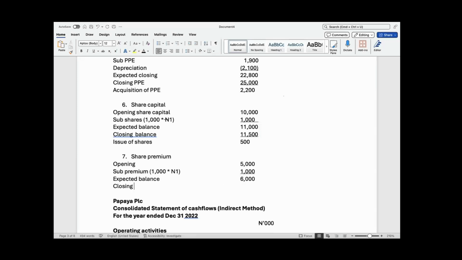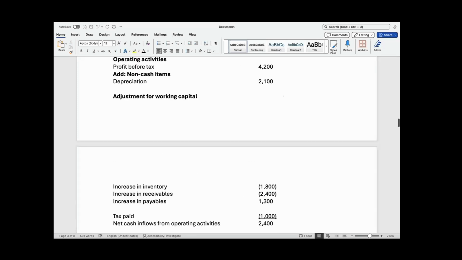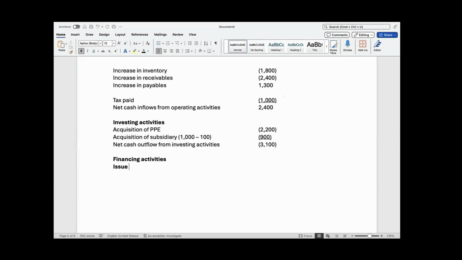What was our actual closing balance? 6,500. So how much is the premium? 500. So for my issue of shares, I have 500. For my premium, I have 500.